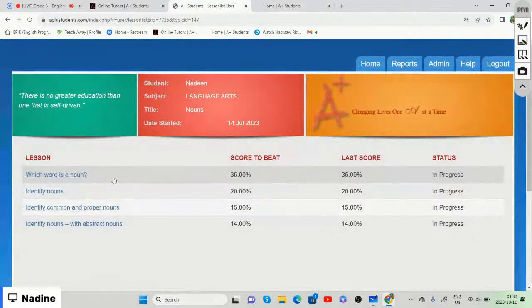So we basically now had to say which word is a noun, and then we were able to identify or select the word in bold if that is a noun or not.